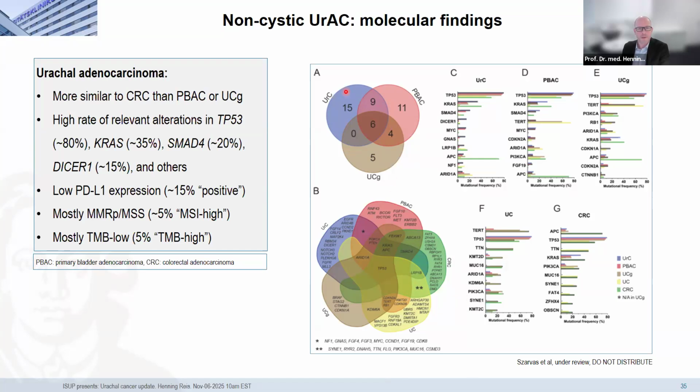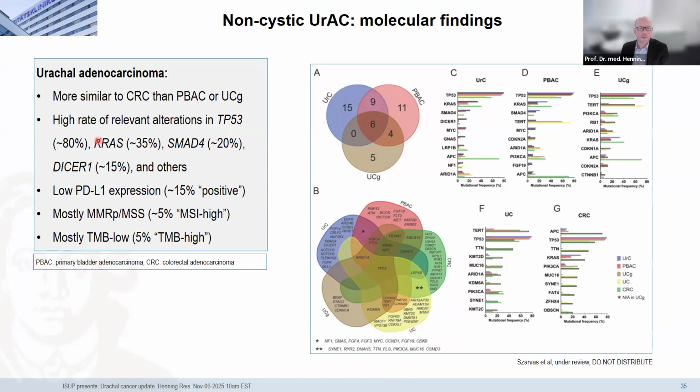So you see it's more shared between the primary bladder adenocarcinoma and urachal adenocarcinoma than with urothelial carcinoma's glandular subtype. The most commonly found mutations are in TP53, not surprisingly, because that's the same in other tumors as well. KRAS mutations are common, but unfortunately not the KRAS G12C mutations, which are targetable now by sotorasib or adagrasib.